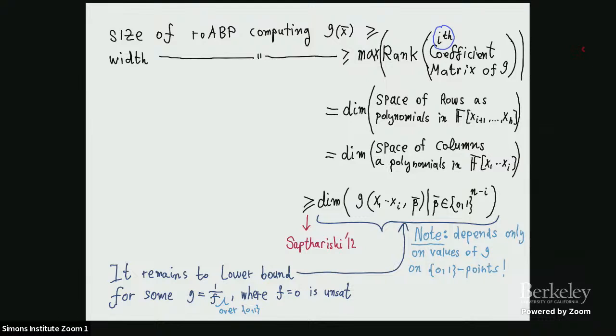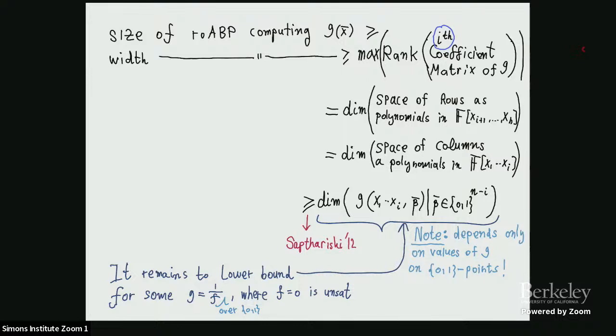You plug in elements from the Boolean cube, and you get a set of polynomials. And the dimension of the span of this is going to lower bound this dimension. That's the trick of this result, and it's not hard to see also.